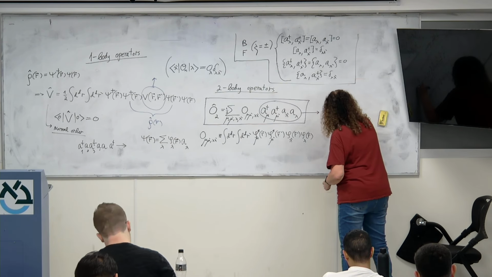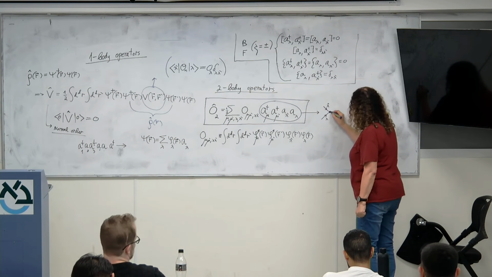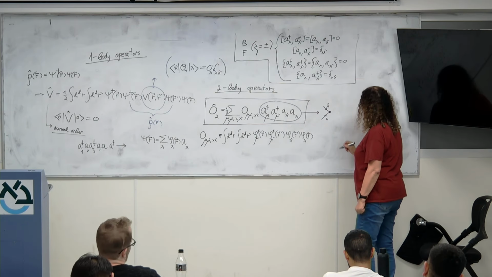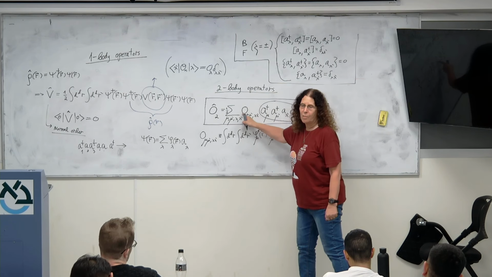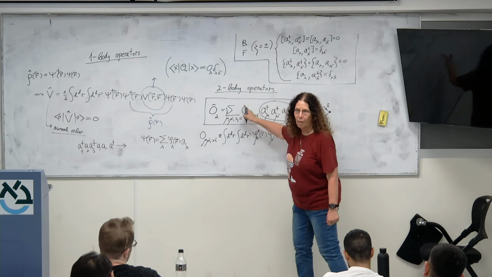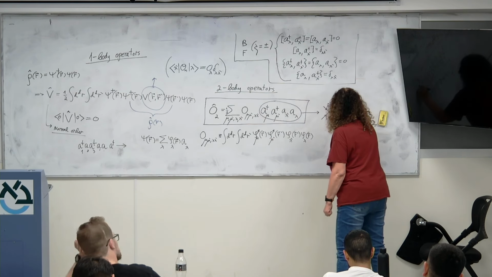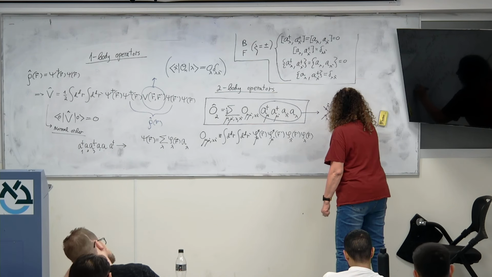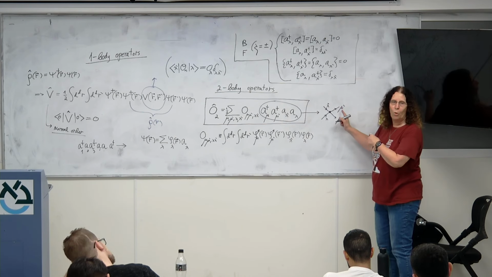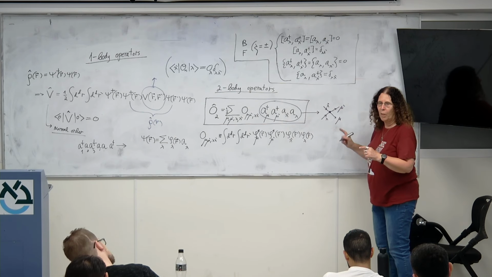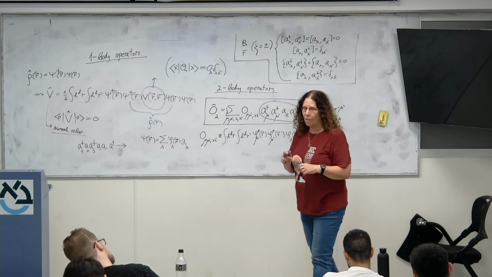Here you have some junction, if you like, that represents this coefficient. And they come out with new quantum numbers. They're not necessarily mu, because some of the indices can be the same or different.